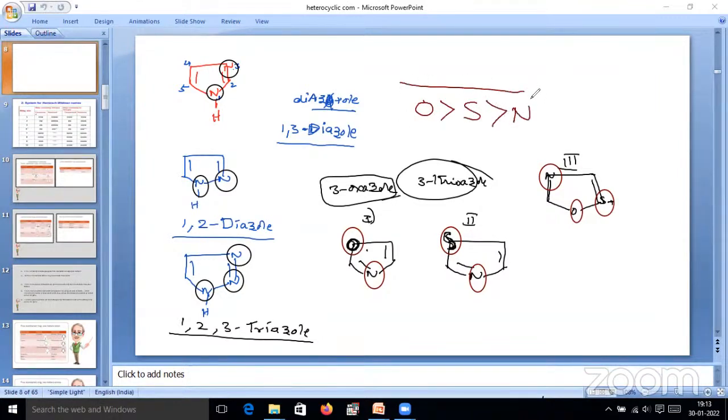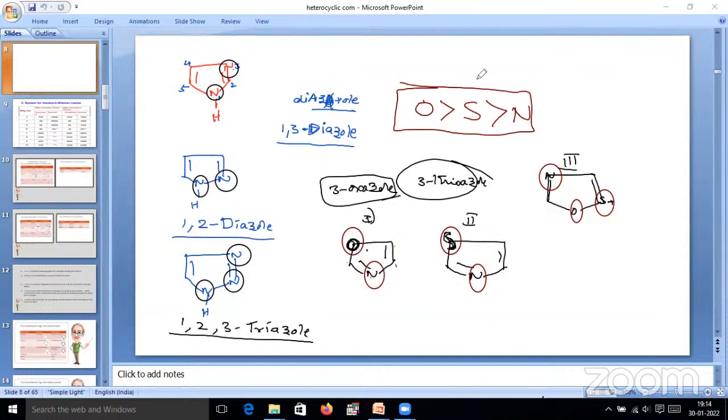This is the order of priority if the heteroatoms are present in a cyclic system. So in this case nitrogen and oxygen atoms are there. So first priority is given to oxygen, 1 2 3 4 5.